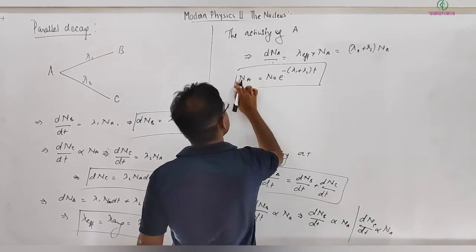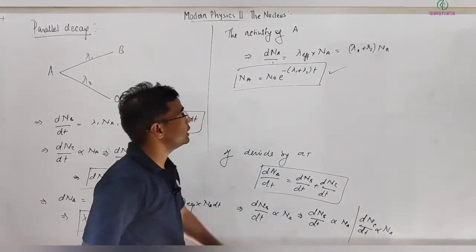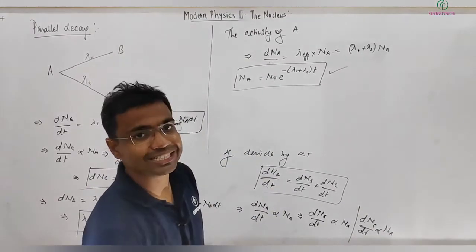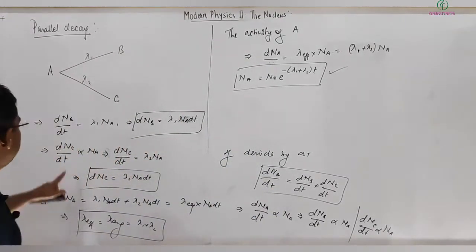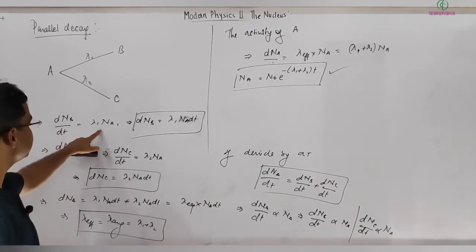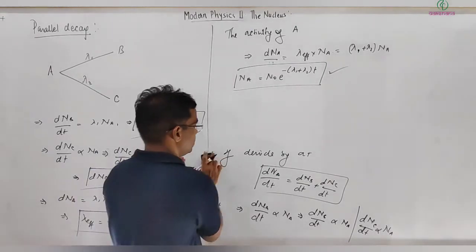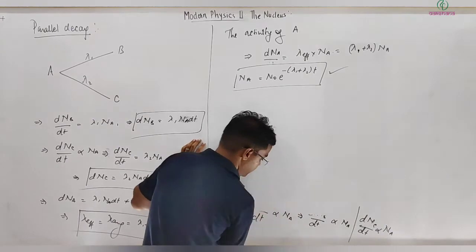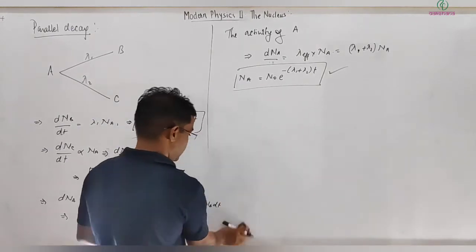So this is the number of nuclei of A at any time. We have this relation. So by using this relation, let me get the number of nuclei of B at any time, and C also.